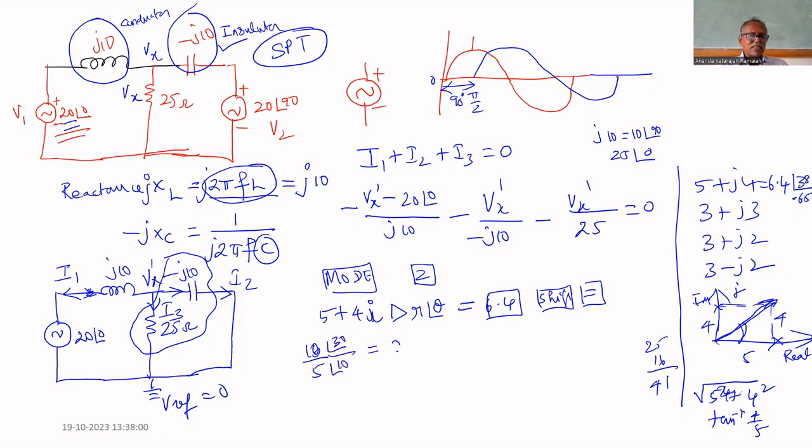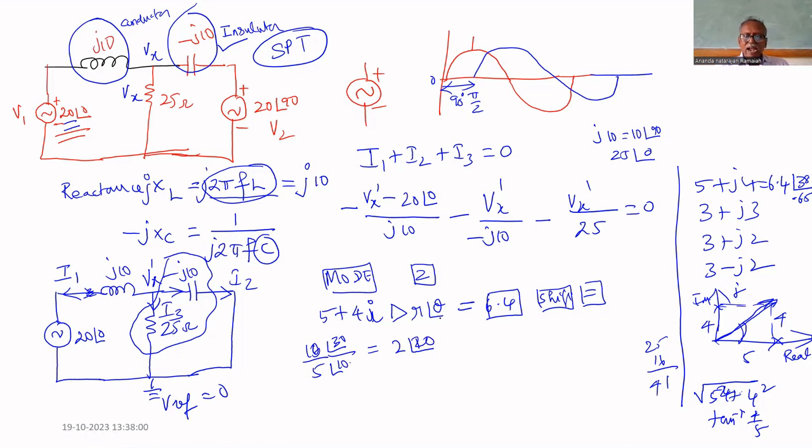What is the result? 2 angle 30 minus 10, that is 20, which you know. If it is in polar form, we can easily divide. If it is in rectangular form, you cannot divide. You have to convert it into polar form, then divide.